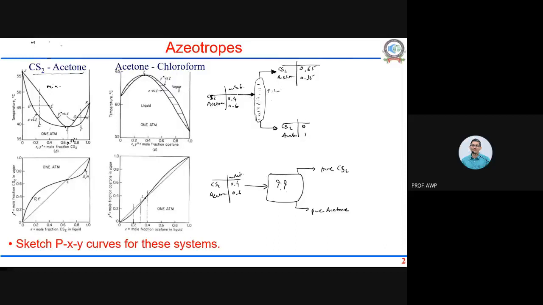Temperature is changing from 39 to 56 anyway across the column. So you have to be more precise than saying random things. This is not an exam where you write something and get some marks. That is the undergraduate job: write something and the examiner will give some marks and we will somehow pass.